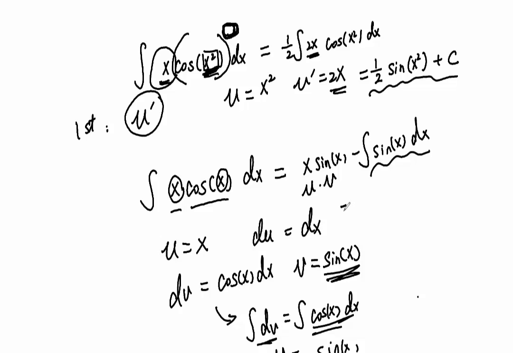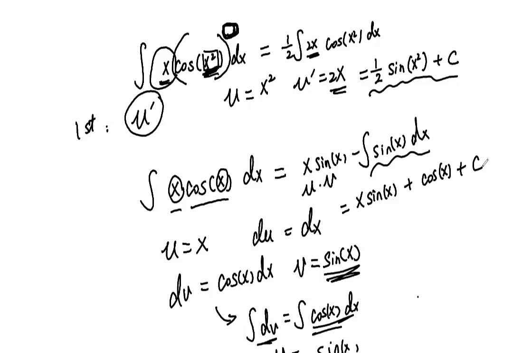What is the integration of sine x? Negative cosine x. So negative with the negative is going to be positive. So that's going to be positive cosine x plus c.